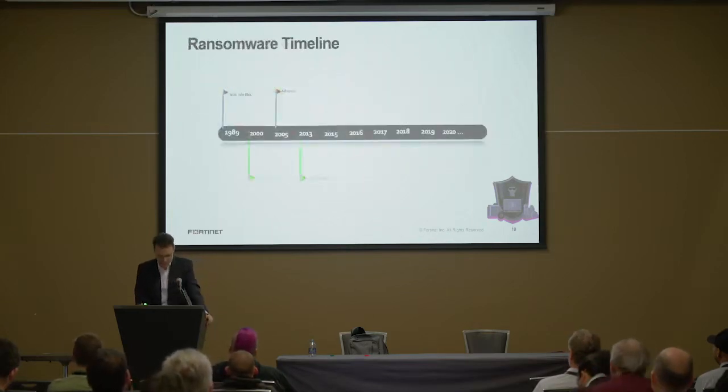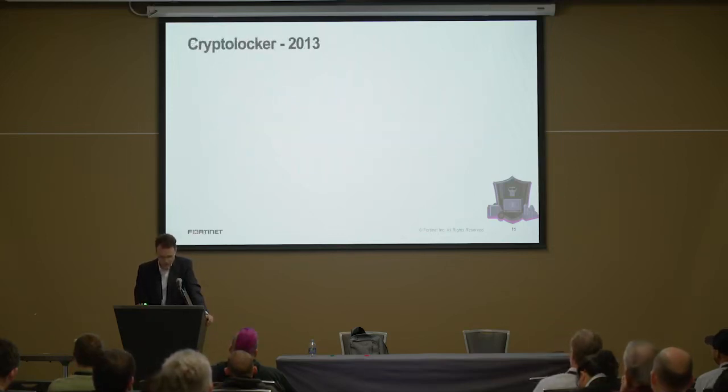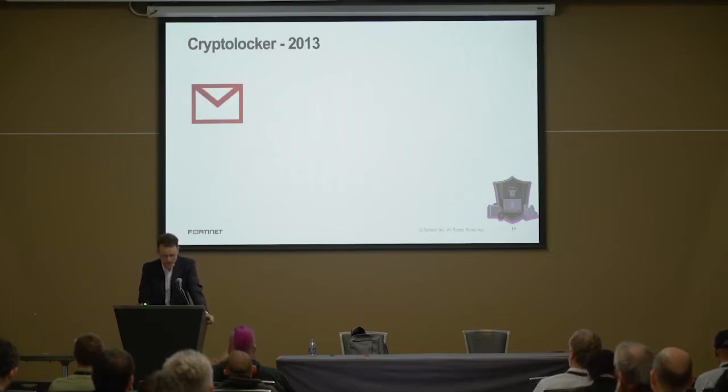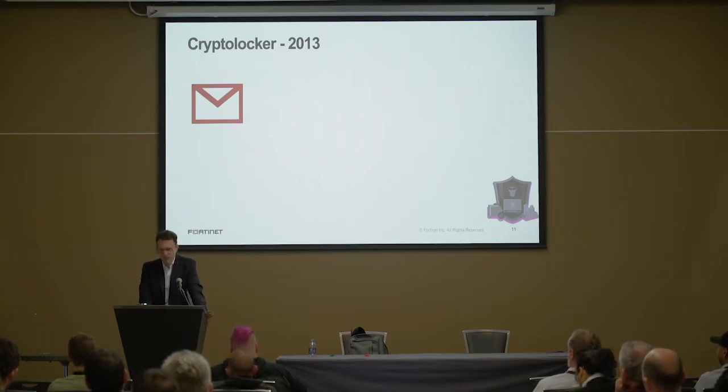And then in 2013, CryptoLocker came along, and it was an attack that was mainly delivered via email and exploded from 5 September to late May 2014. It typically propagated as an attachment to a seemingly innocuous email message, which looked like it was sent from a legitimate company.